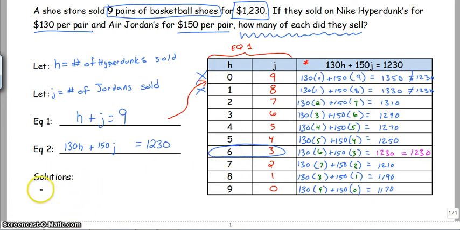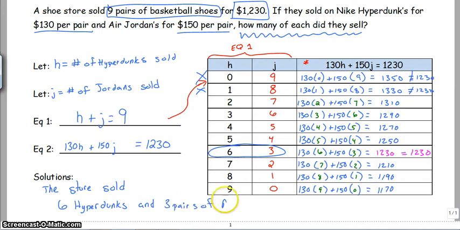It doesn't have to be elaborate, we just want to state that this store sold 6, and that's in our column for H, which is the number of Hyperdunks sold. So 6 Hyperdunks. And 3 is for J, which is the number of Jordans. 3 pairs of Air Jordans.